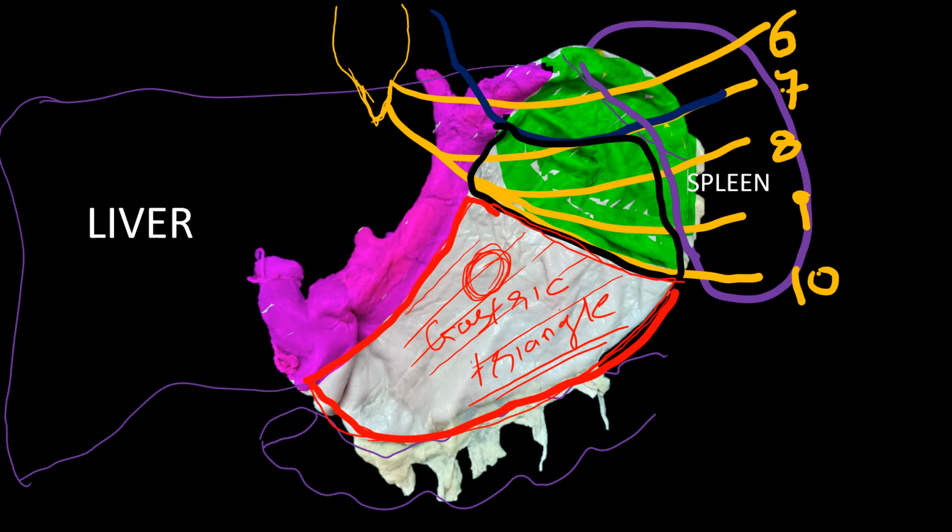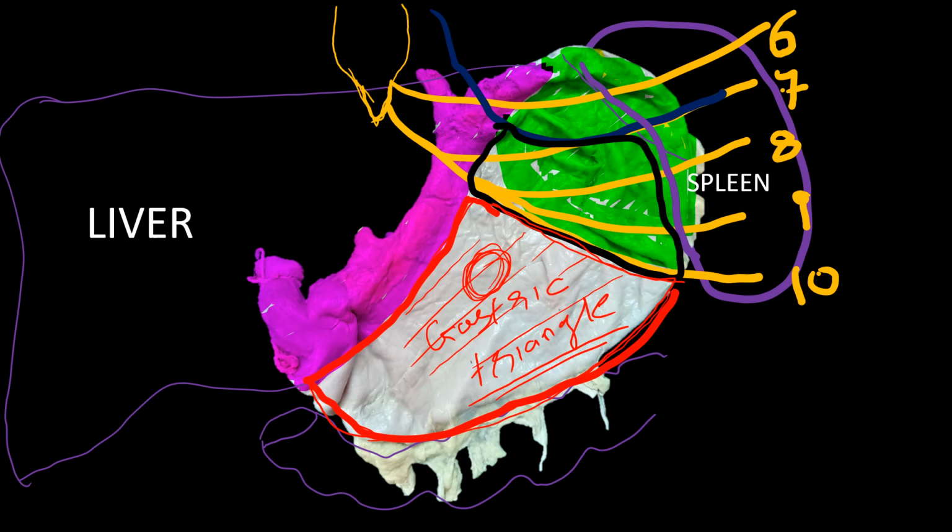The bubbling sound at this gastric triangle confirms that the tube has reached the stomach, and that rules out that the gastric tube has entered the lung.